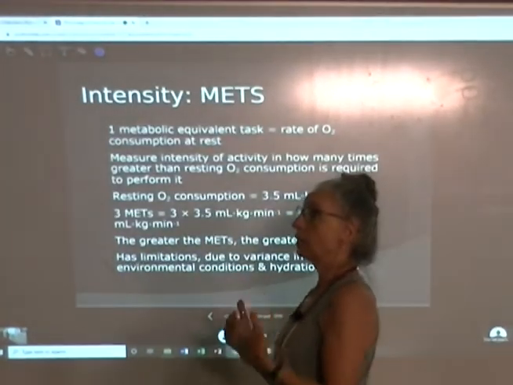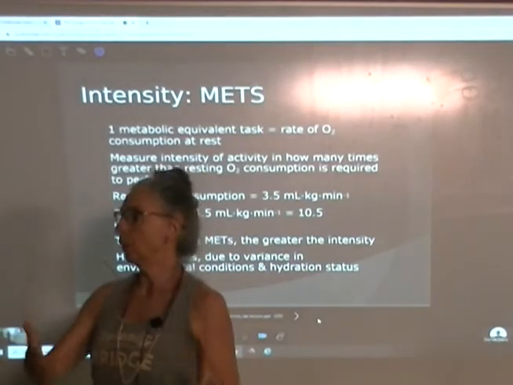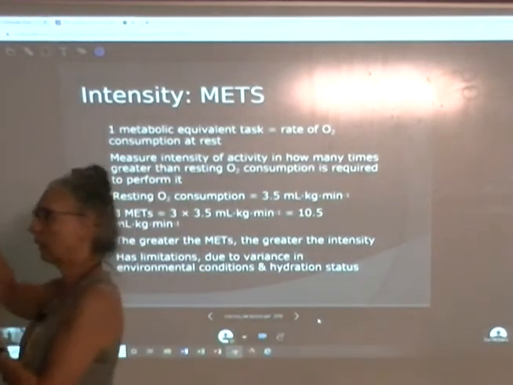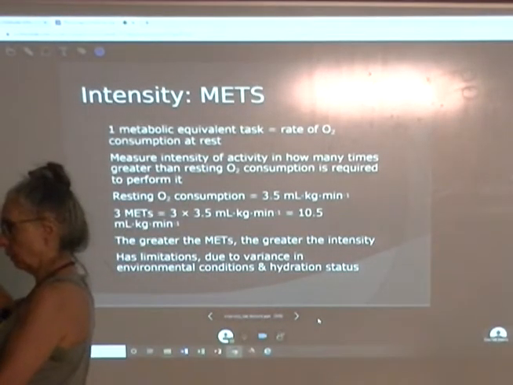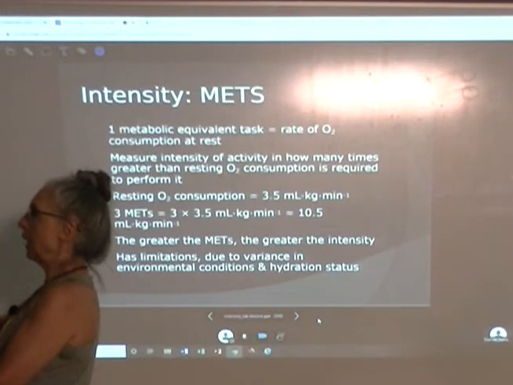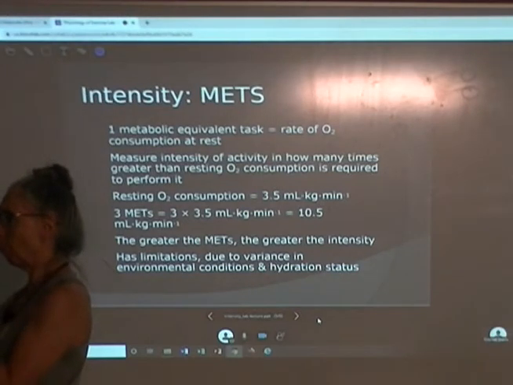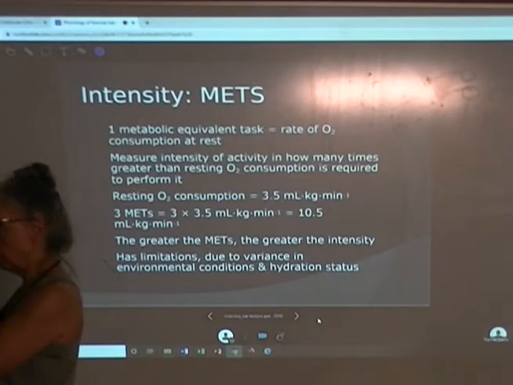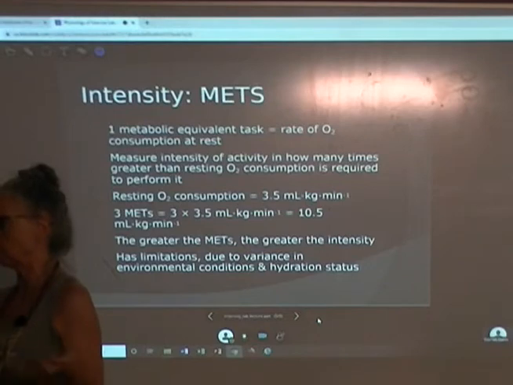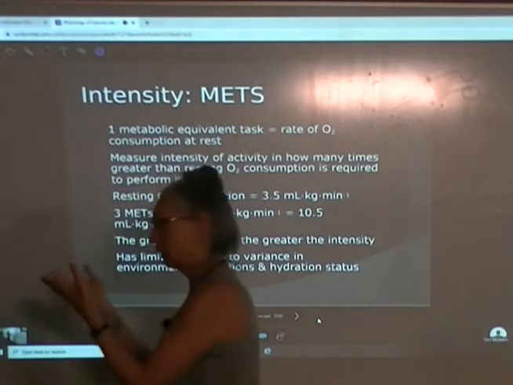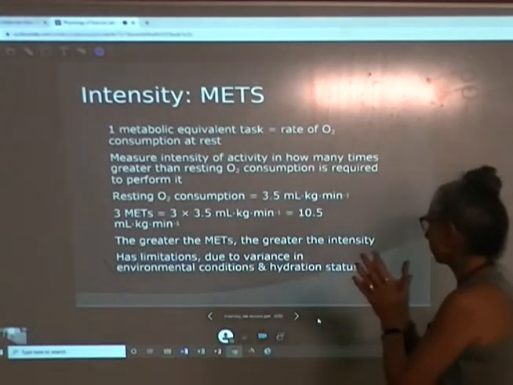If I'm working 6 times harder than when I'm sitting still, that's 6 METs, right? But to make it accurate, you would need to know how much oxygen you were using. Otherwise, again, it's kind of a guesstimate. I think I'm working about 6 times harder than I am when I'm sitting still, right? So it's sort of in between.